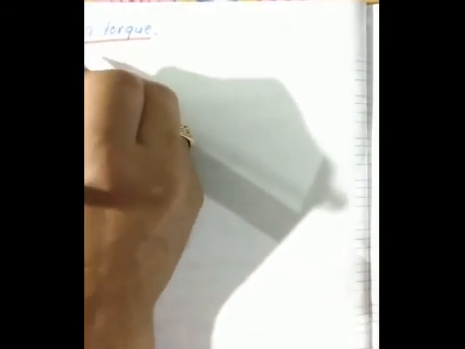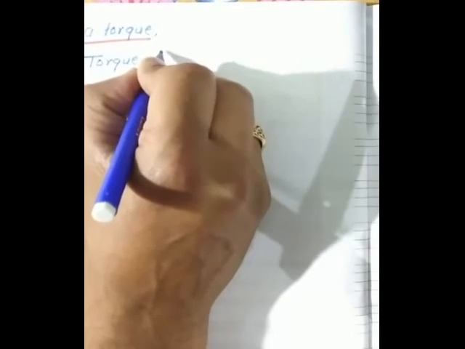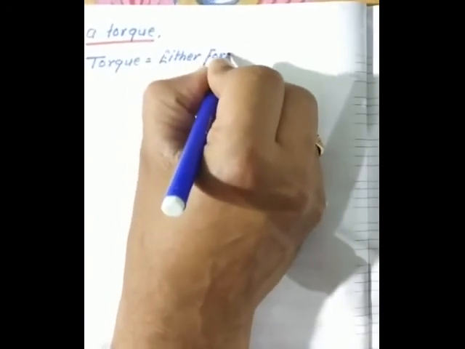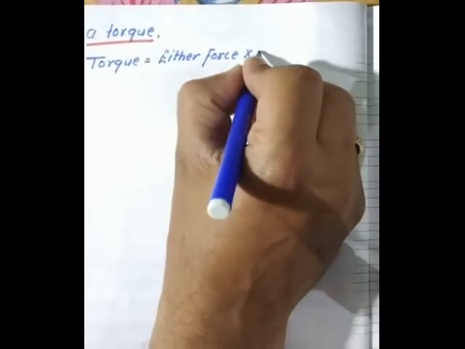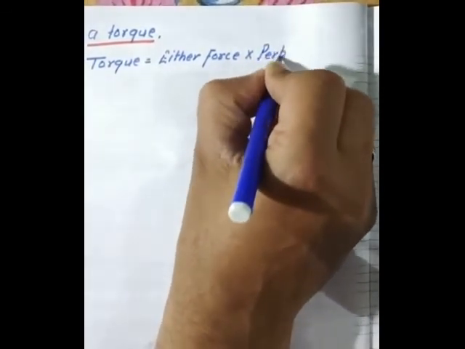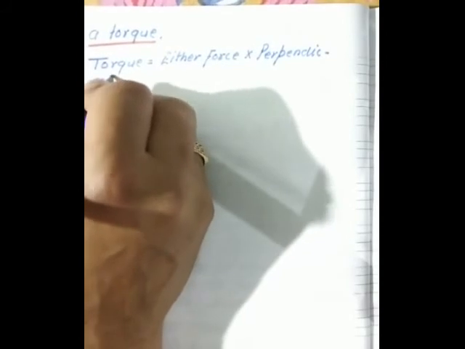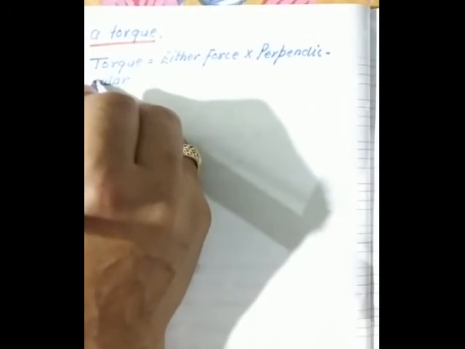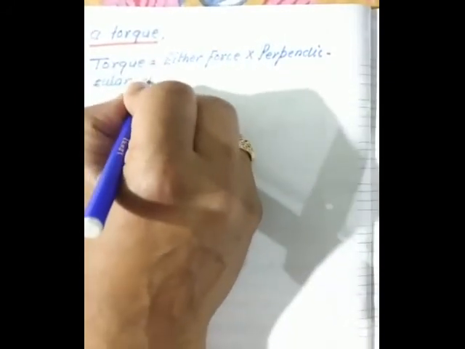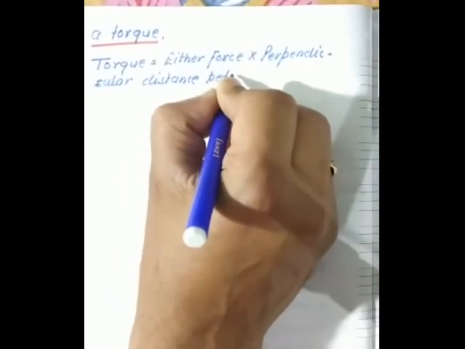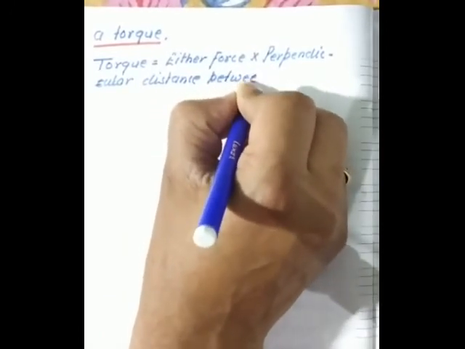A torque equals either force multiplied by the perpendicular distance between the two forces.